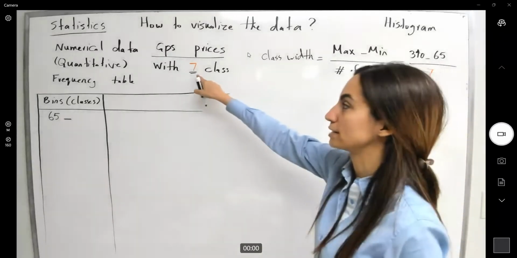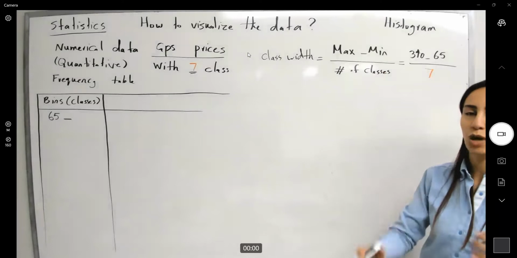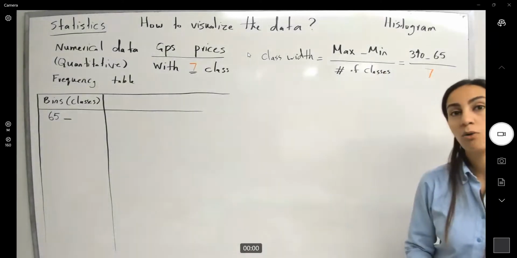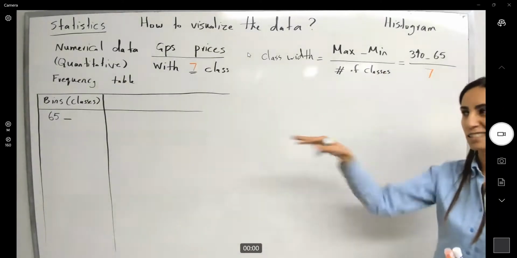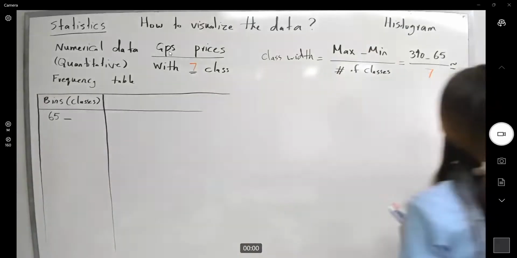Again, 7 is given in the question: I want you to have a frequency table with 7 classes, 7 rows. So I'm going to do the division. If you do the division, it's going to give you an approximation. So approximately we have 39.3.